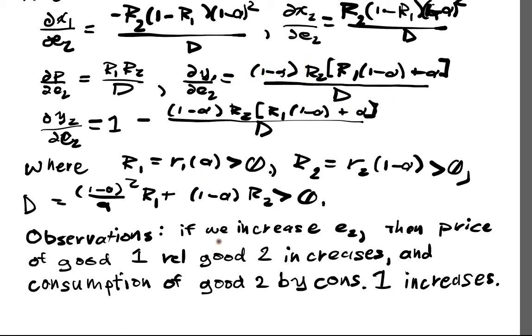This is a really interesting behavior: if I increase the amount of stuff that guy 2 brings to the market, the relative price of good 1 is going to go up. In some sense, because E1 is scarcer, it has a higher price, and because E2 is more abundant, it has a lower price. But also because it has that lower price, we would maybe think that the consumption of good 2 increases as well, and it does, which is very interesting.